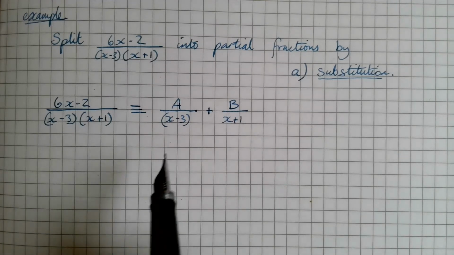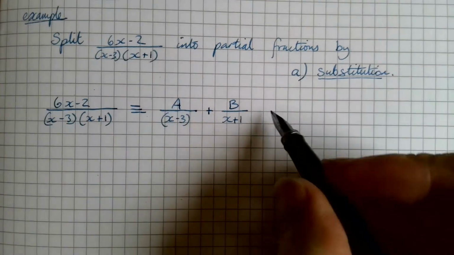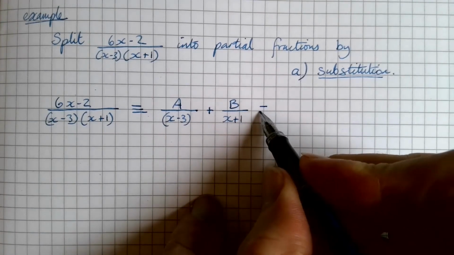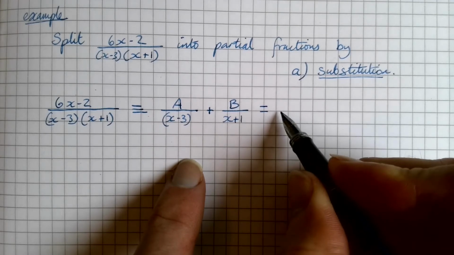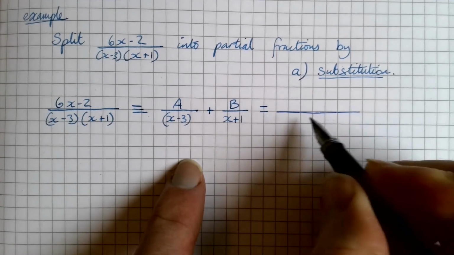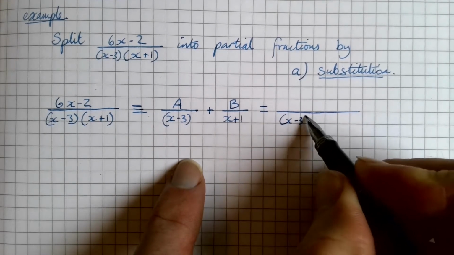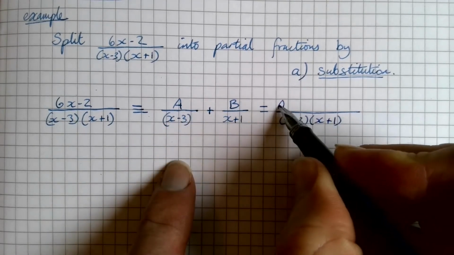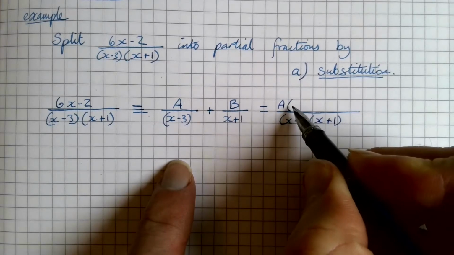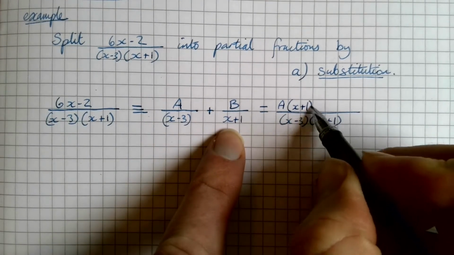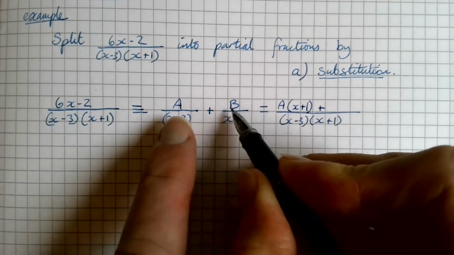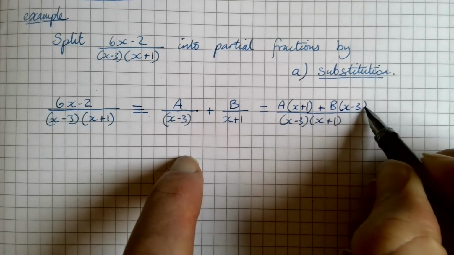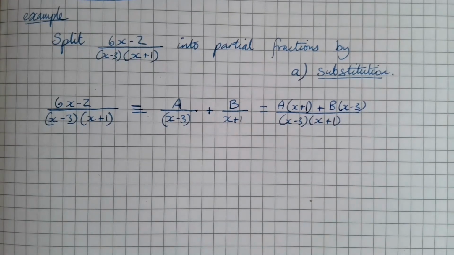Now what would we do if we had this and we were going to add them like we were doing yesterday? Well, we would end up with that as our denominator, and the A would be multiplied by the (x + 1), and the B would be multiplied by the (x - 3).